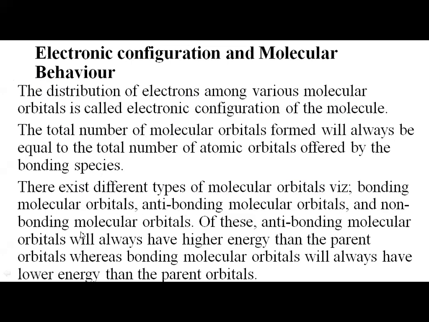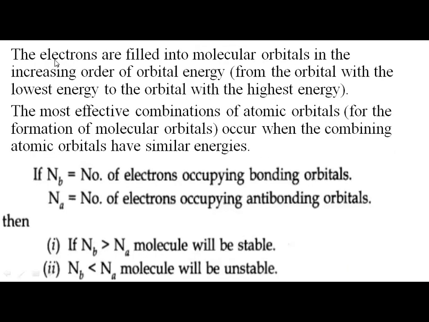Anti-bonding molecular orbitals have higher energy than parent orbitals, whereas bonding molecular orbitals have lower energy than parent orbitals. So first comes bonding, then non-bonding, that is our atomic orbitals, and then anti-bonding molecular orbitals. The electrons are filled into molecular orbitals in the increasing order of orbital energy, from lowest to highest.